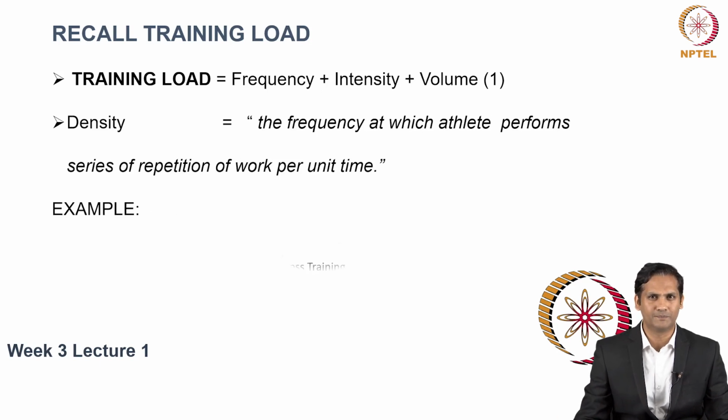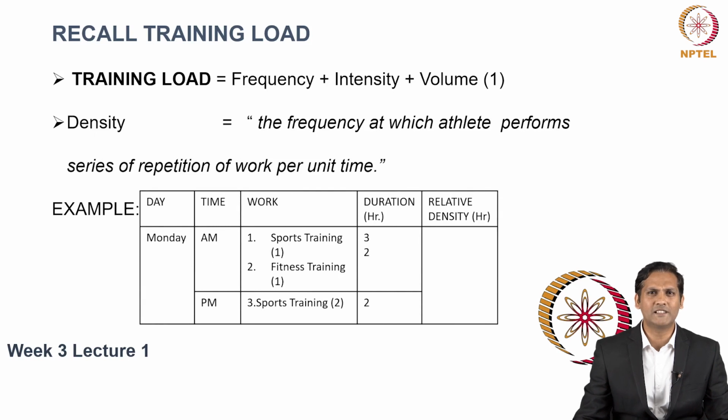Let's take an example of an athlete's training routine on Monday. In the morning session, he has one sports training session where he practices his sports skills or tactics, followed by a fitness training session. And then in the evening, he has another sports training session.